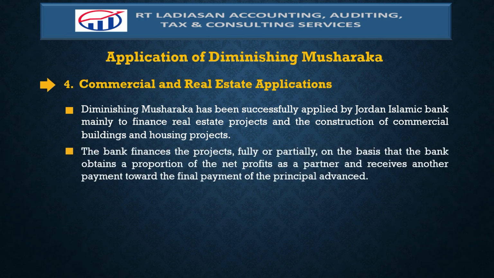The bank finances the projects fully or partially on the basis that the bank obtains a proportion of the net profits as a partner and receives another payment toward the final payment of the principal advance.